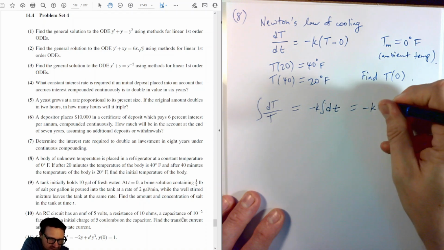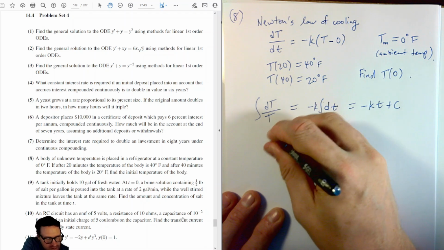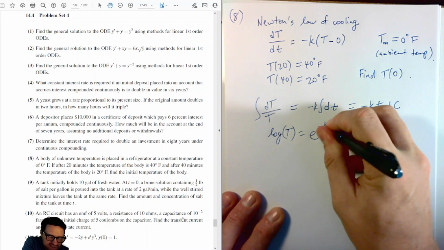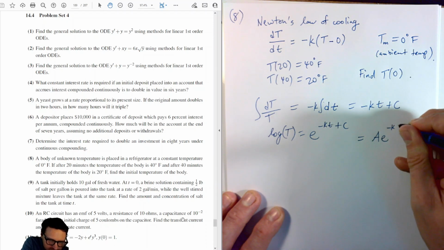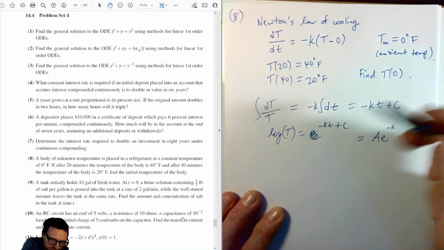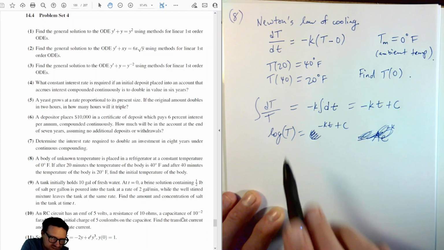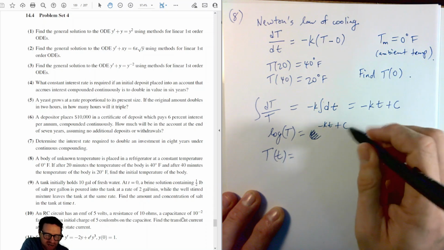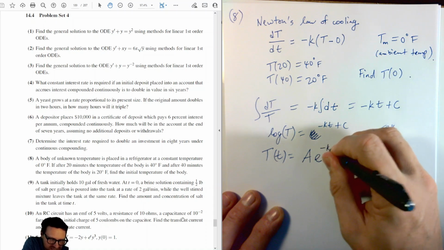Okay, so we have minus kt plus some C. The left-hand side is the natural log of uppercase T. So T is equal to e to the power of minus kt plus C, but let's express this as A e to the minus kt. Oh, right, whoops, no e there, I'm jumping ahead of ourselves. Okay, so we just have this, and now we solve this for uppercase T, and we have T as a function of t is equal to e to the power of this, which we will call A e to the minus kt.